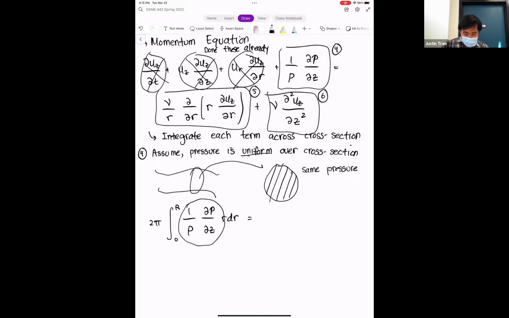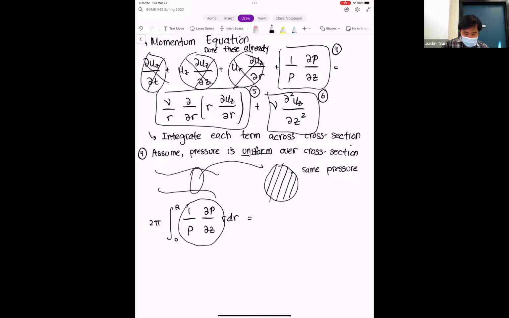So we have 1 over rho, partial P, partial Z, and then 2 pi times the integral from 0 to big R of r dr. You can even do this in your head.